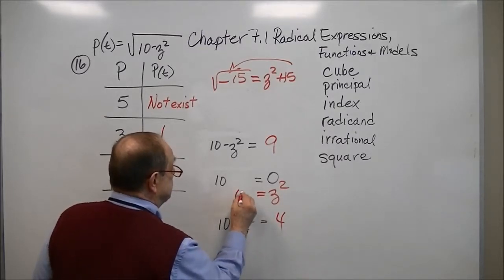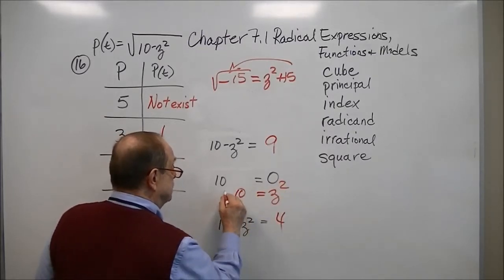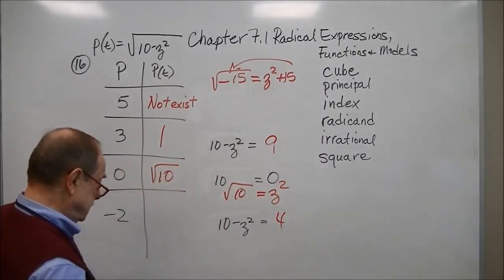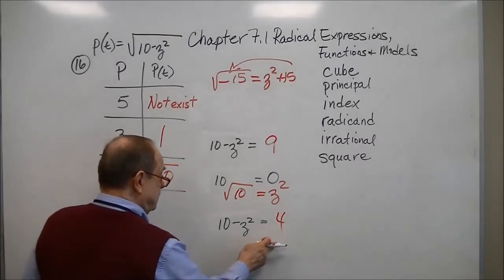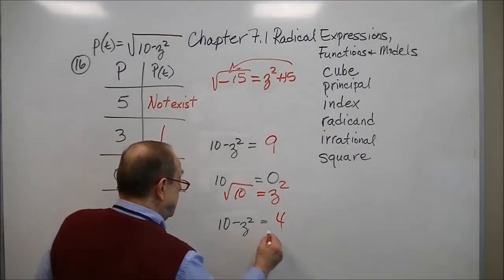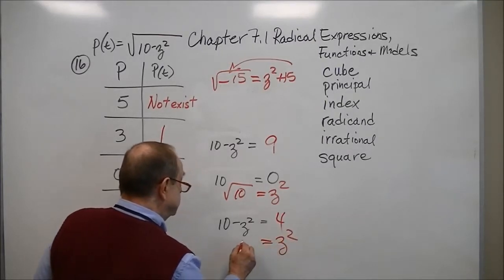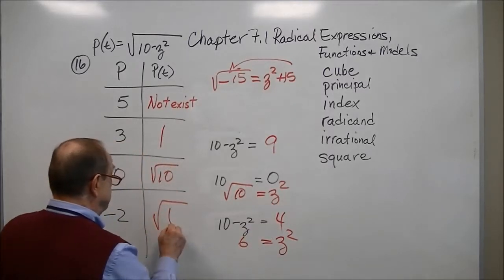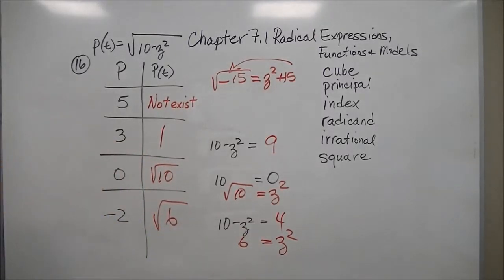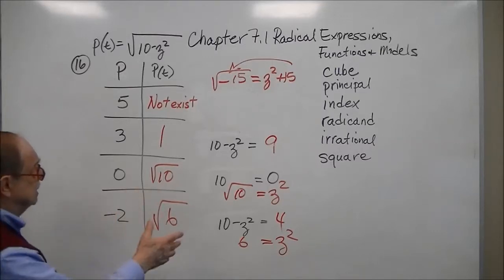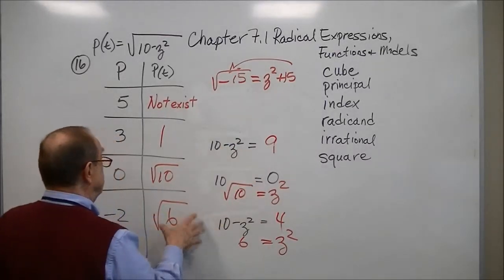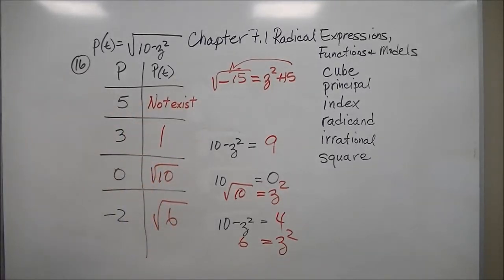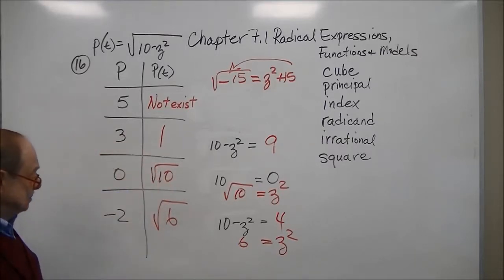That becomes positive. This is 10. And we take the square root of both sides. So this one is the square root of 10. And we bring this over. And that's z squared. And this is 6. The square root of both sides is the square root of 6. Now again, I'm not sure in the class whether they're teaching you this technique, but this isn't basically what they're looking for. And if I were to do it again, I probably could do it a little better.